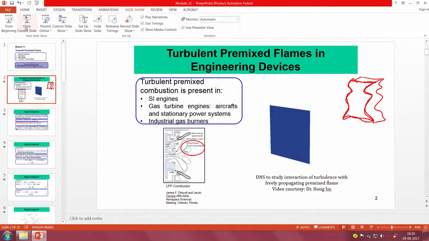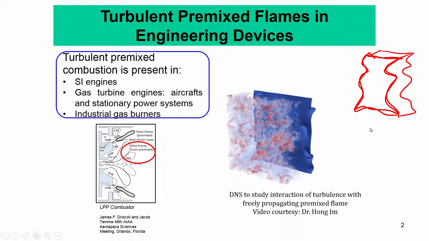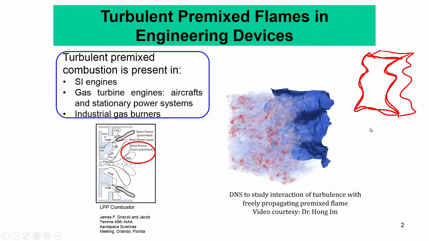Now, we can use this essentially to describe the motion of a convoluted surface. Once again, if we go back here, this sort of motion which you see, I keep coming back to this because it's a beautiful video which captures how turbulence interacts with the flame. You can capture this kind of surface formation and deformation that happens due to the presence of turbulence, using the G equation, though this is not a G equation as such.